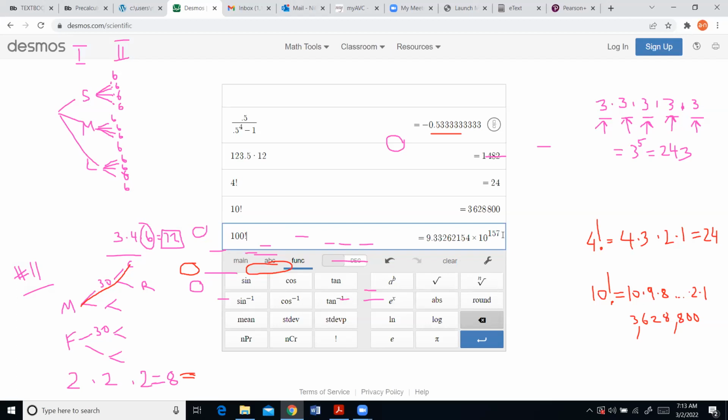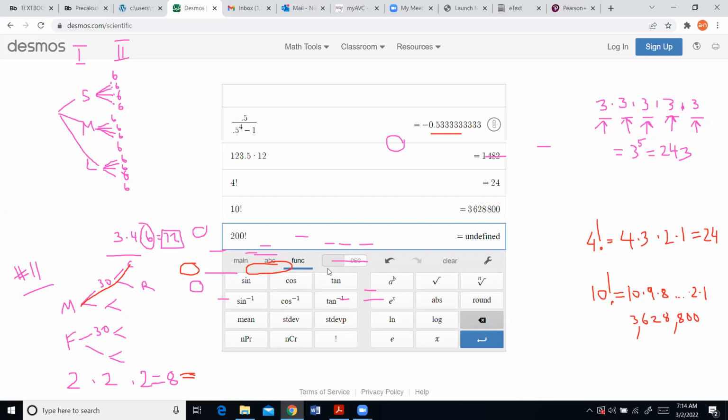The decimal point needs to be shifted 157 places, so there will be so many zeros. So if you try 200 factorial, the calculator is not going to handle it. Yes, calculator has its limitations. It cannot calculate very big numbers.